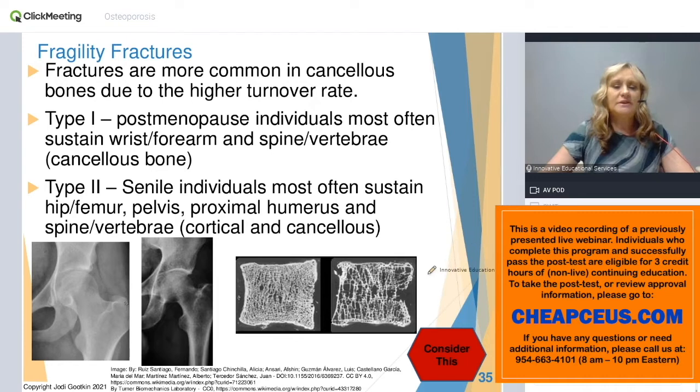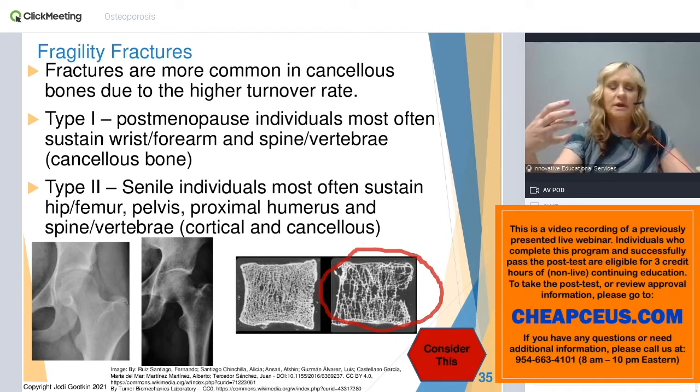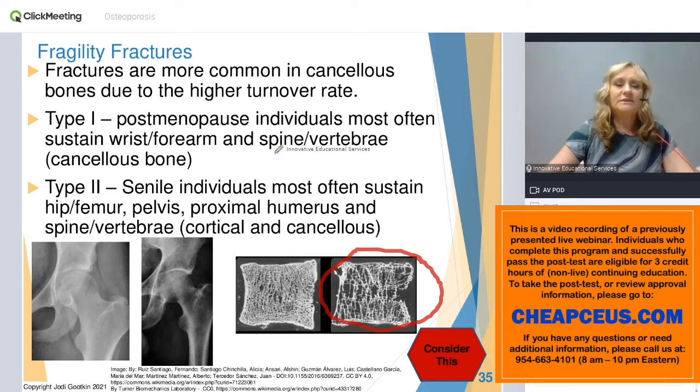On the bottom image here on the right, look at the integrity of this vertebrae. We can imagine that if any force was placed upon it, it would be at a greater risk of crumbling because our vertebral bodies are primarily trabecular bone, and that is what's often most affected in the postmenopausal type of osteoporosis. We're also commonly going to see wrist and forearm fractures.